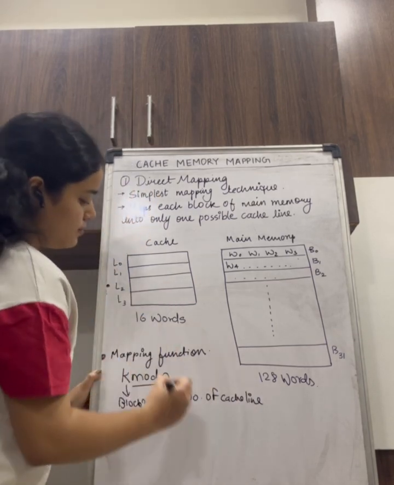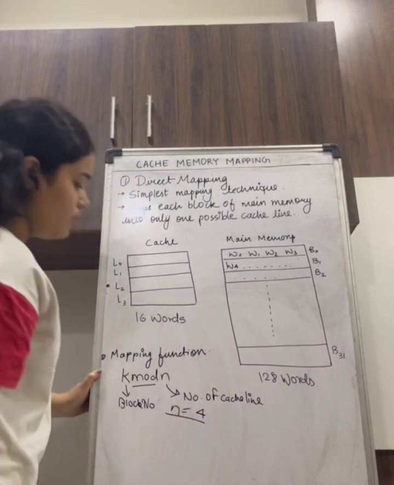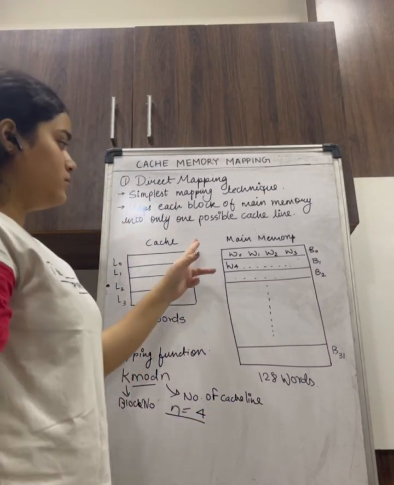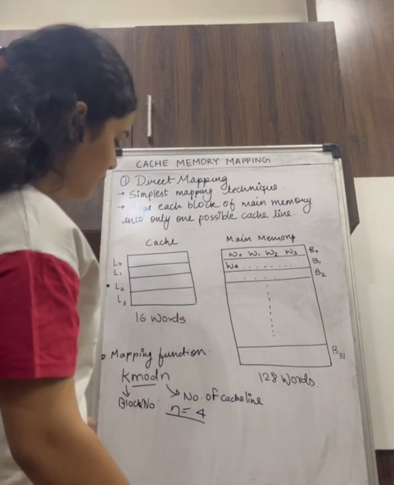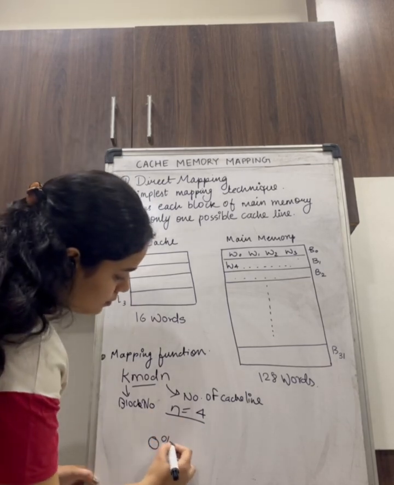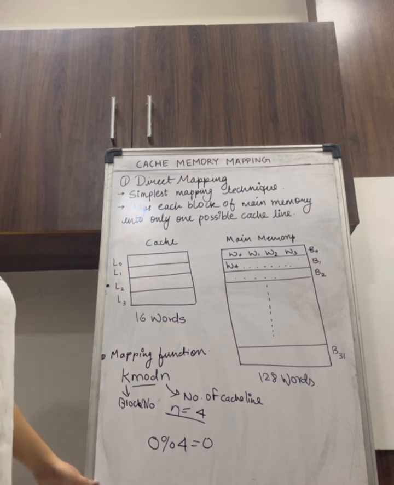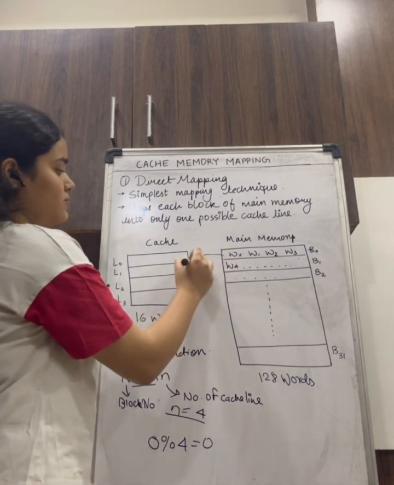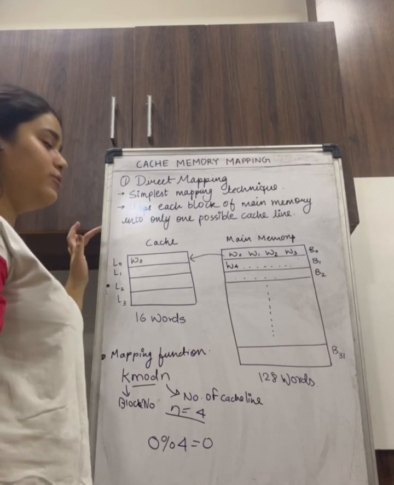Here we have 4 cache lines, so n is equal to 4. Let's suppose we have to map a word from the first block, so the block number will be 0, and 0 modulo 4 will give 0. So this will be mapped to the first line, which is L0 of the cache.